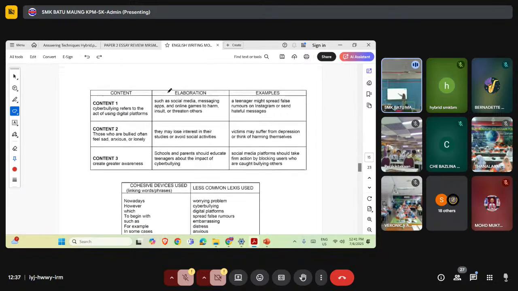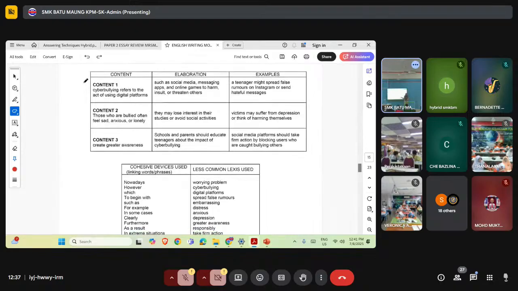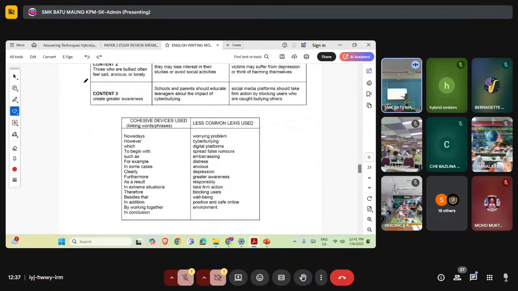So this is how you can break the content. This is the elaboration followed by examples. Content 1, content 2, and content 3. These are the cohesive devices and less common lexis used. Okay, moving on.